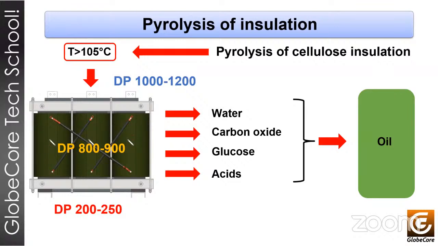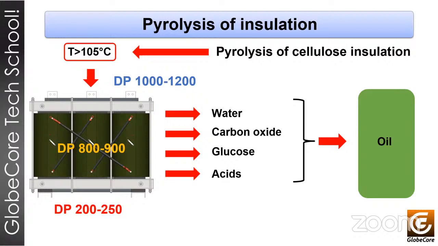When we have a really high temperature, around 105 degrees, the paper insulation with moisture starts to destroy itself. Overheating triggers the process of pyrolysis in the insulation with the formation of new substances that enter into the oil and act like a catalyst in the irreversible process.